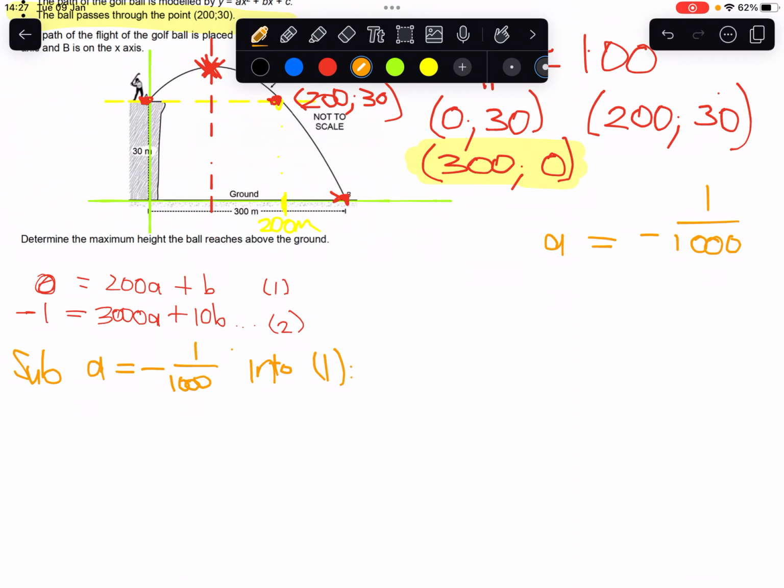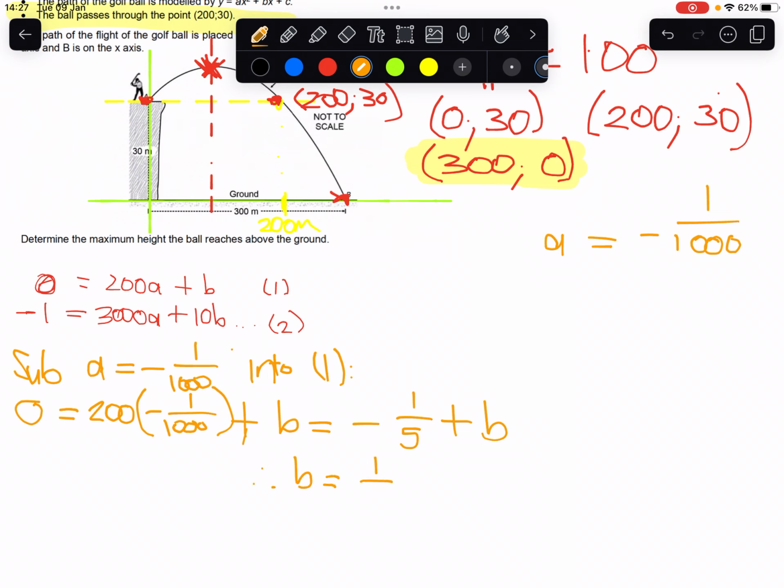So then we have 0 is equal to 200 times negative 1,000th plus b, right, which ends up being negative 1/5 plus b, right? And so then b must be equal to positive 1/5. Negative 1/5 plus positive 1/5 gives us the 0 that we want.